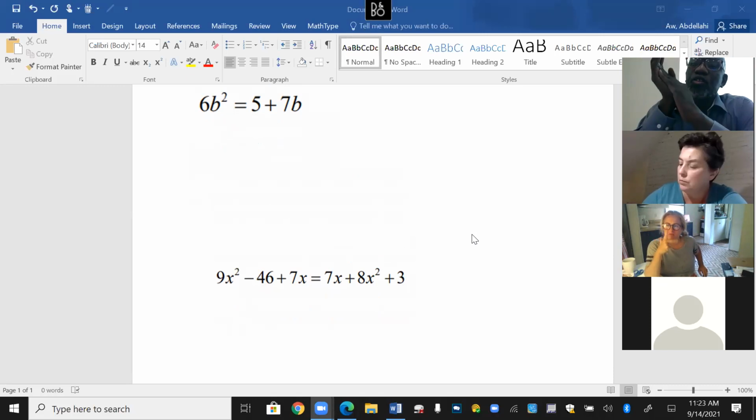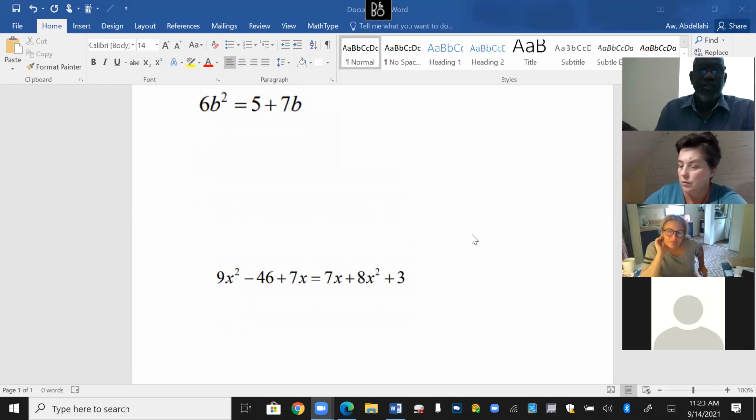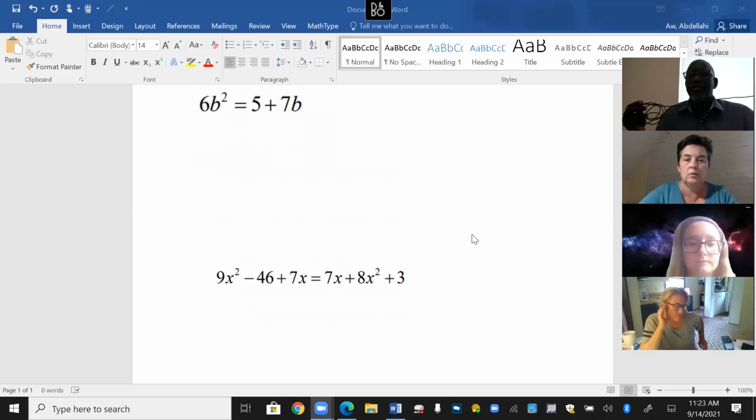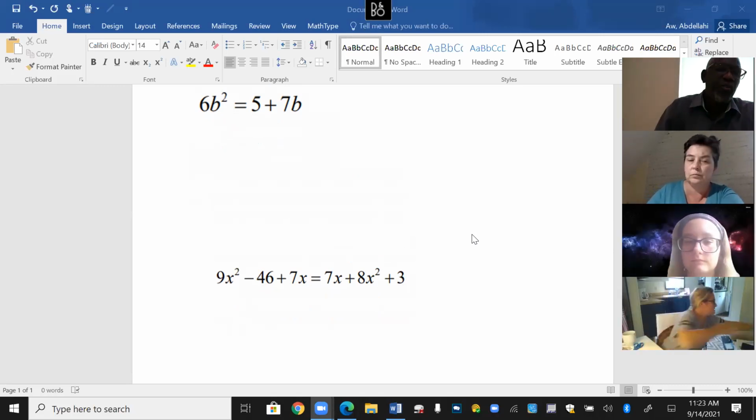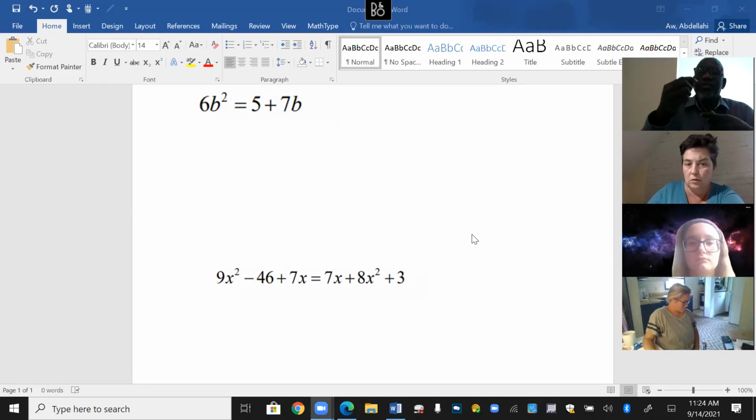If you want to solve by factoring, you guys know we have to have 0 on one side. We cannot start factoring until we get 0 on one side.